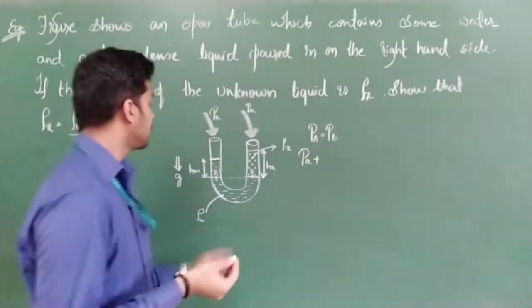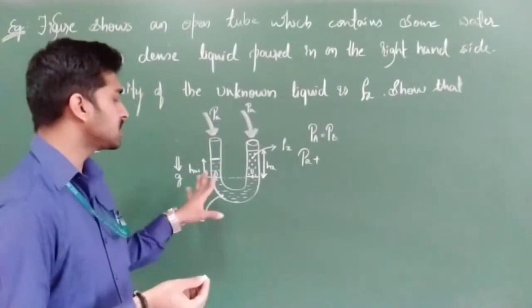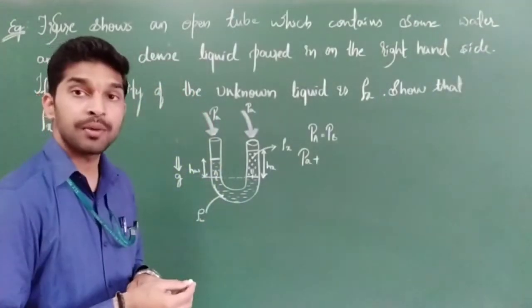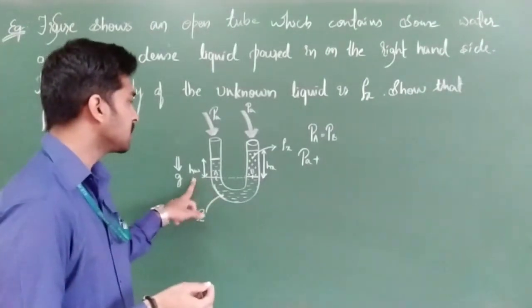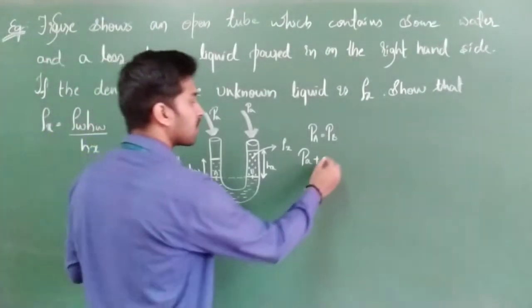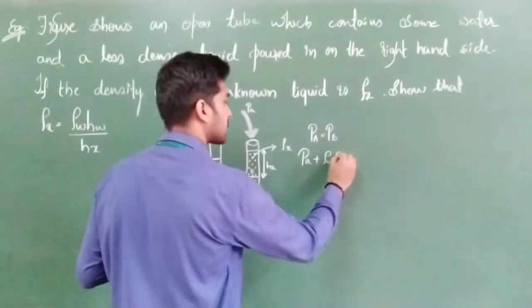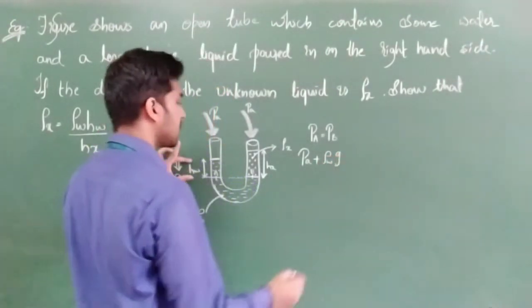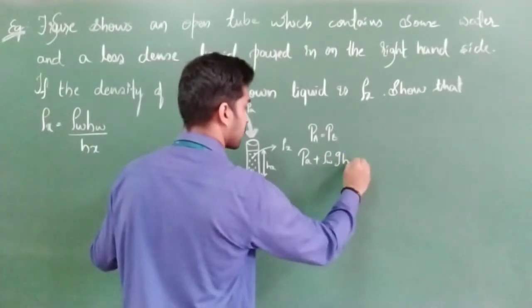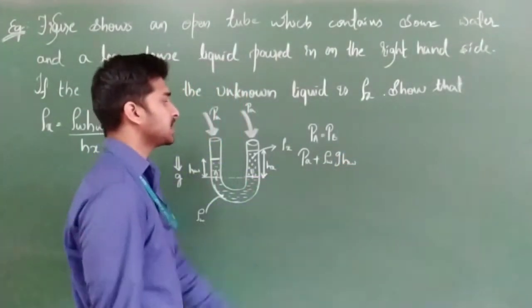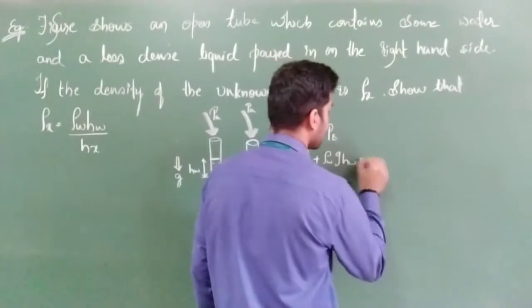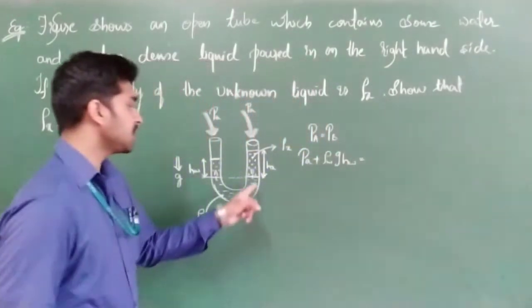At a depth h, for a density rho, we have the habit of writing rho gh. So for water, rho w g hw. This will be equal to PB, the pressure at this point.